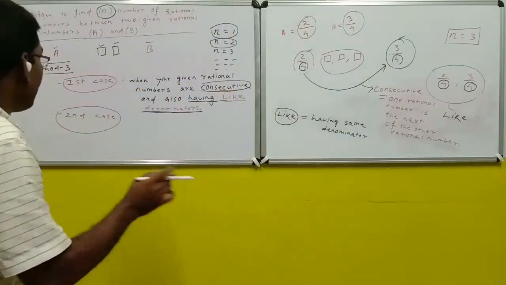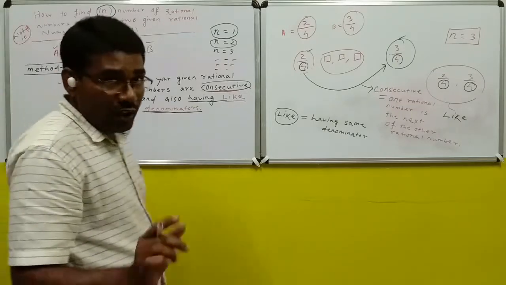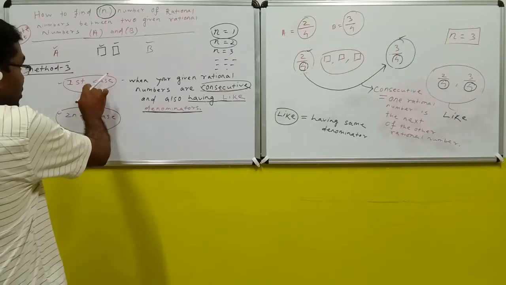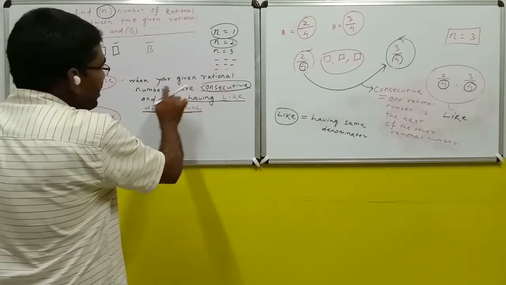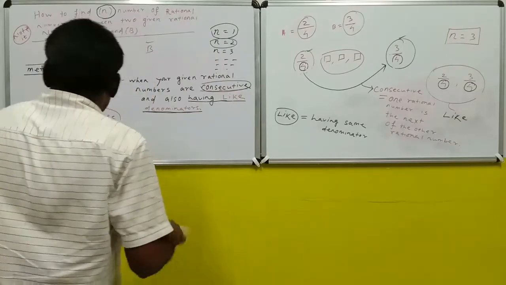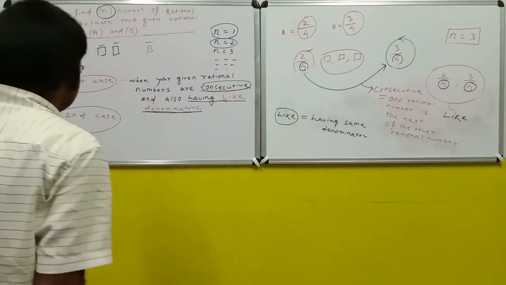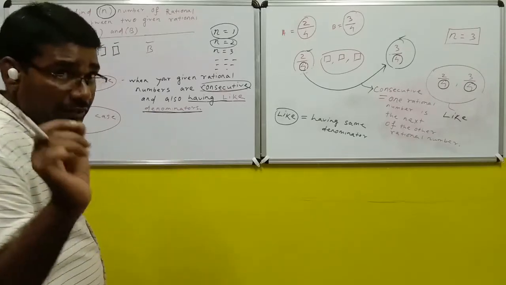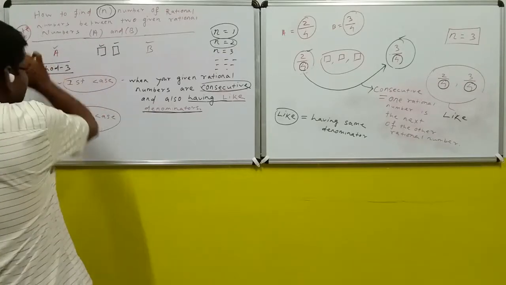So it is the first case. You have to learn about it. How to find n number of rational numbers in the first case where the given rational numbers are consecutive and also like. So let's start discussing the first case with the help of an example. First note it.